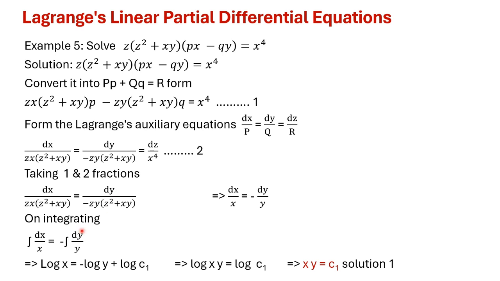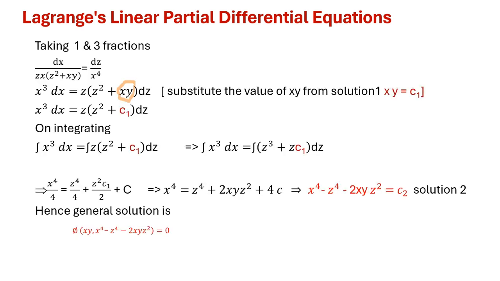So we are left with this. On integration, the integral of 1 by x is log x is equal to minus 1 by y is log y plus our integral constant. Bring this to this side, so we have log x plus log y. According to the property of logs, log x plus log y becomes log xy is equal to log c1. This log and this log will get cancelled, so we get xy is equal to c1.